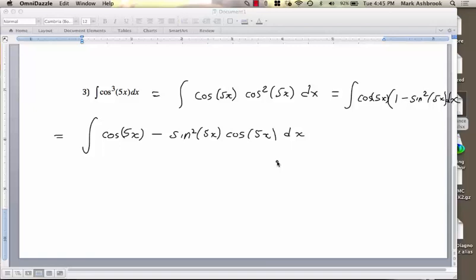So cosine 5x, what's the antiderivative of that? That's 1/5 sine 5x. So real easy undoing the chain rule.